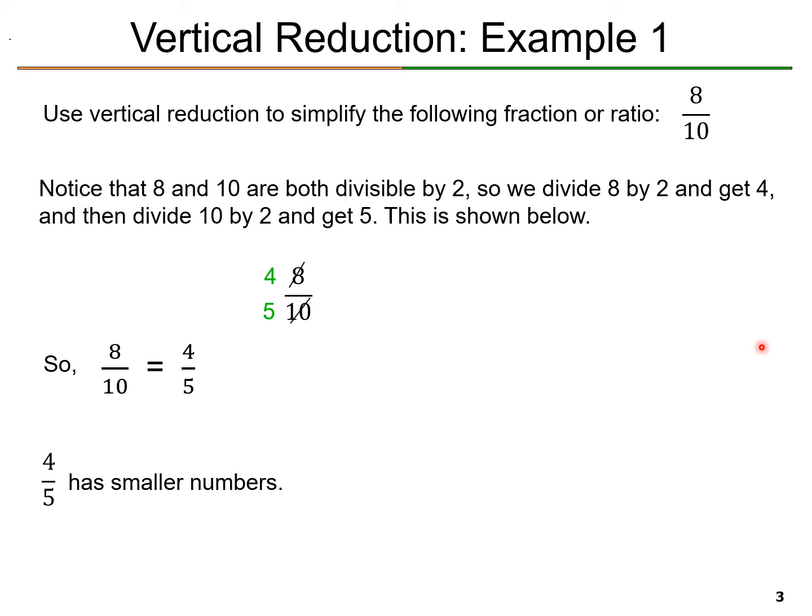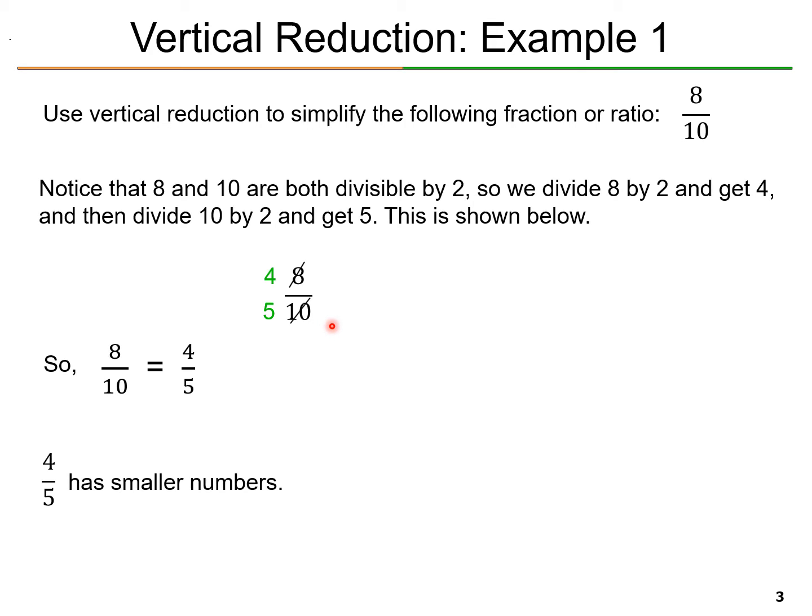So why would we want to go through the trouble of reducing a fraction and making the number smaller? Because for some people, it may be easier to visualize 4 parts out of 5 rather than 8 parts out of 10.